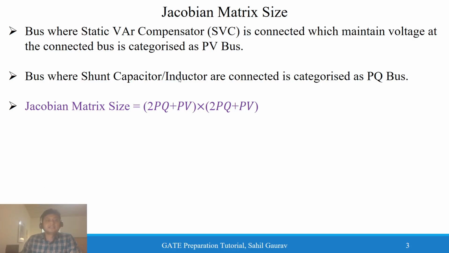And in general, if a problem mentions a certain number of generator buses, then you have to consider them including the slack bus. If it is mentioned that it is only PV buses, then there is no inclusion of the slack bus.